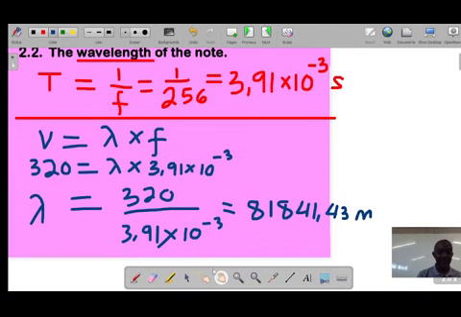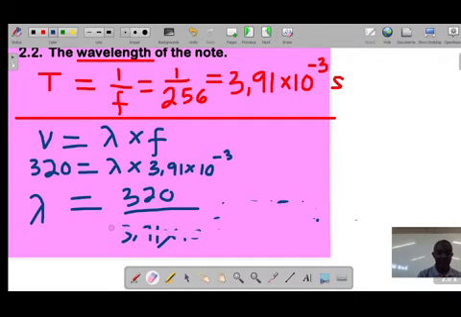So it's supposed to be 256 instead of this. So I'm going to divide it by 256.